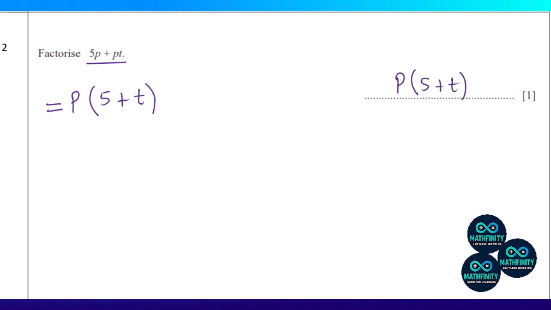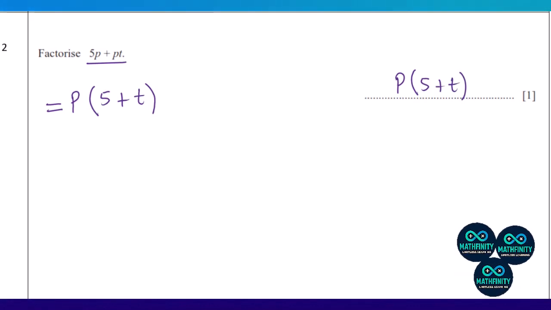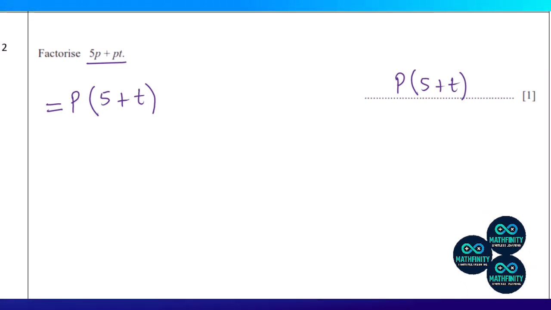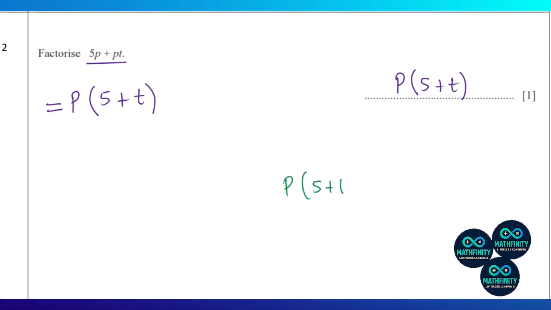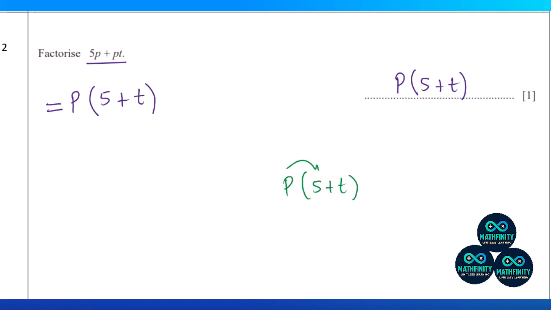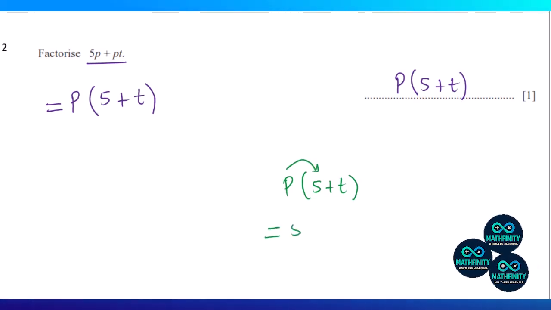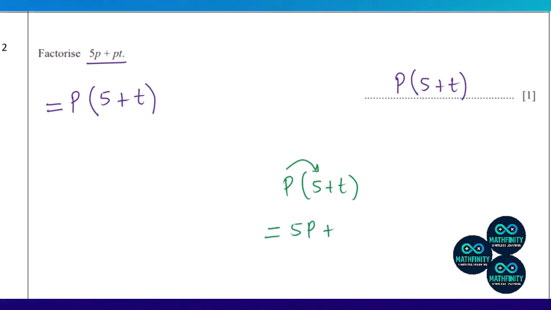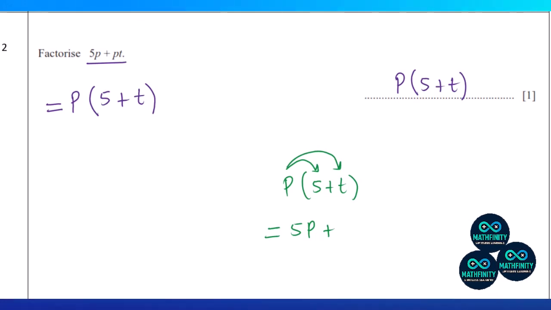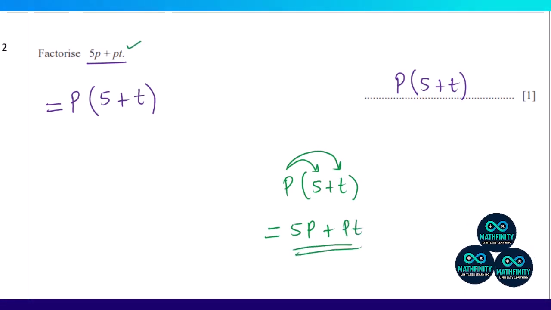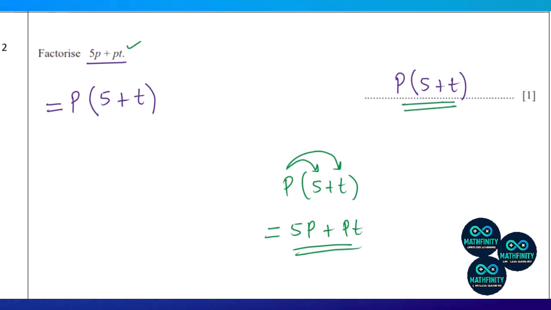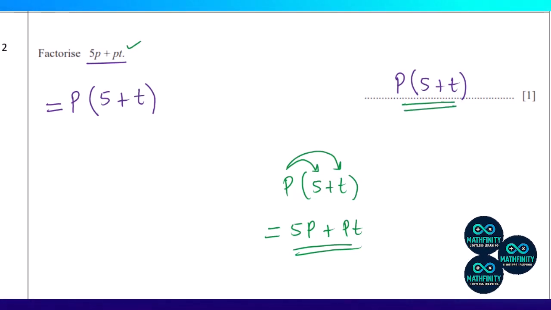And as I told you, you can check by the reverse process, by the expansion method, if you have time in the exam. You can quickly check: 5 plus t, expand the bracket, multiply this with this, it will be 5p plus this with this, so pt. It's the same as the question. It means your answer of factorization is correct.